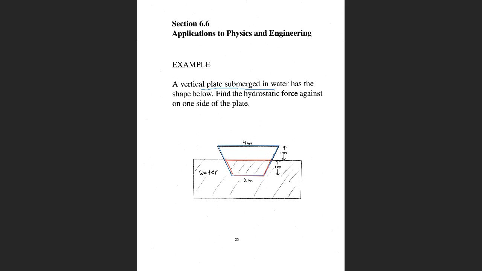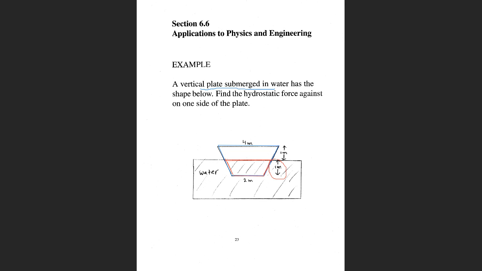Now, the distance, of course, based on the picture, how far down is the plate dipped into the water? How far down? One meter. Here it is, right here, 1 meter.